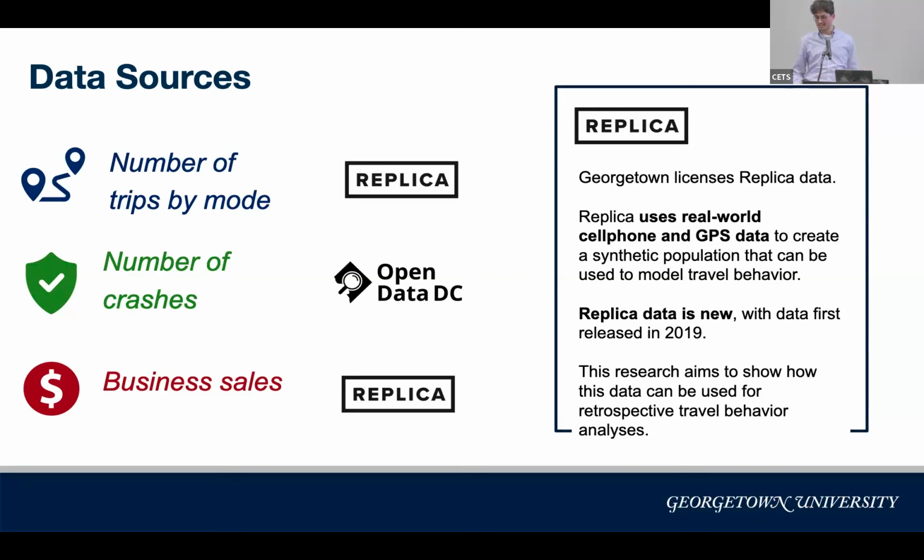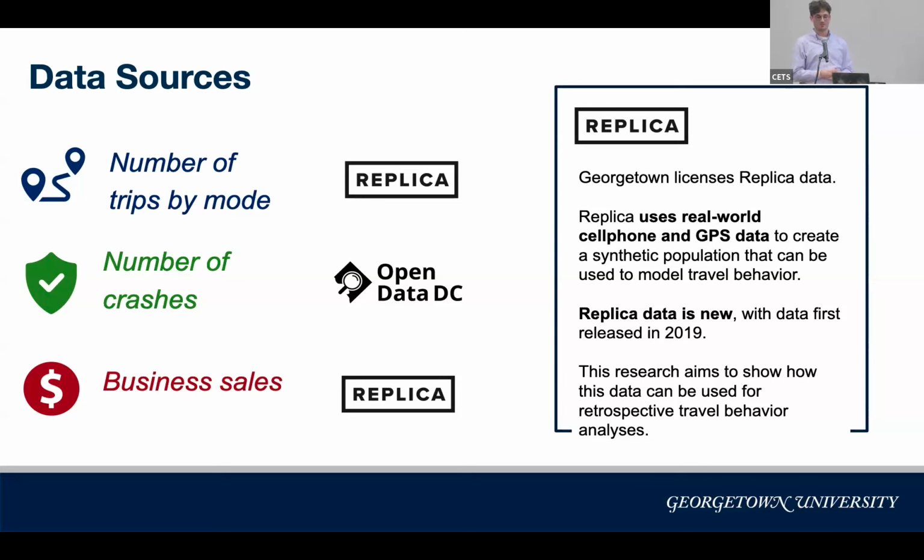At a very high level, Replica data is a new travel demand modeling data source with a fair amount of promise, which essentially takes GPS ping points from people's phones, a sample of real-world travel behavior, and then scales it up using census data to create a synthetic population with models.